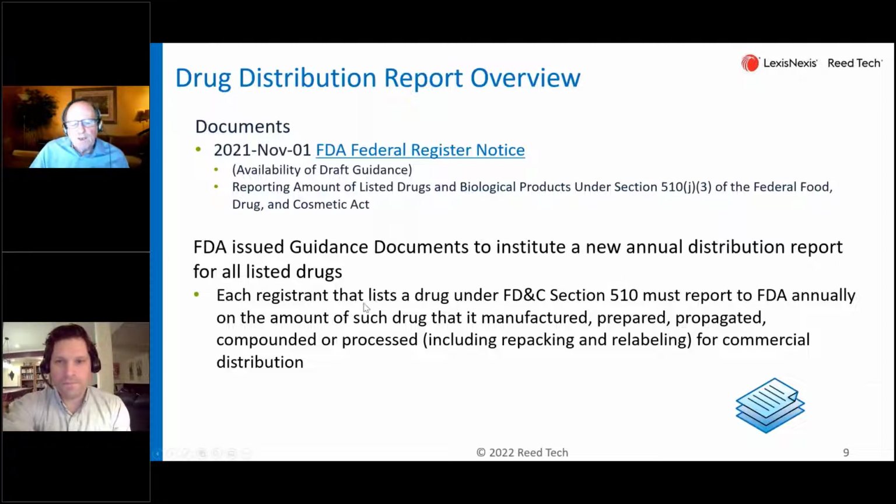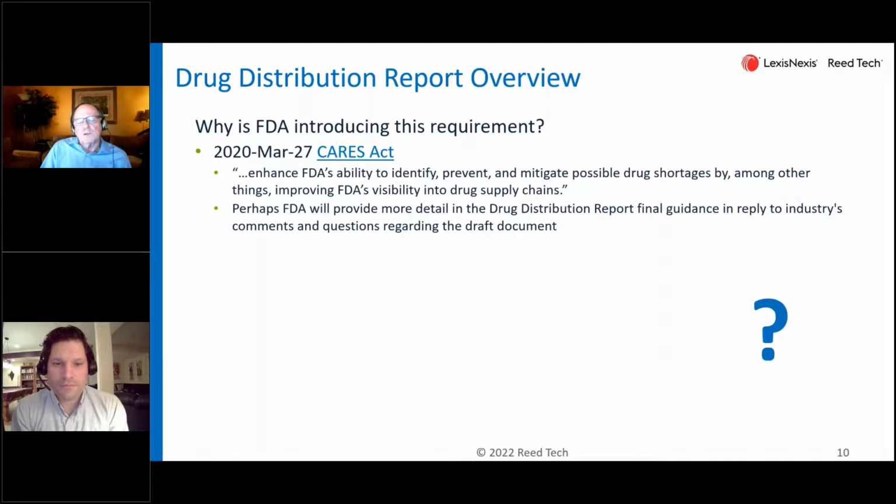The information is reported on an annual basis, and it's for any of those drugs that are manufactured, prepared, propagated, compounded, or processed, and it also includes repackers and relabelers. So anything in commercial distribution that has that qualifier of being listed. It includes a number of products, and we'll take a look at those in a second.